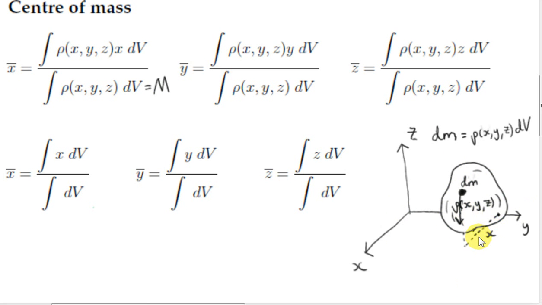Well, that perpendicular distance is none other than the x value of the mass element. So the line of action of the force is vertically down, and x is the perpendicular distance from the y-axis to the line of action of the gravitational force, which is related to the mass.